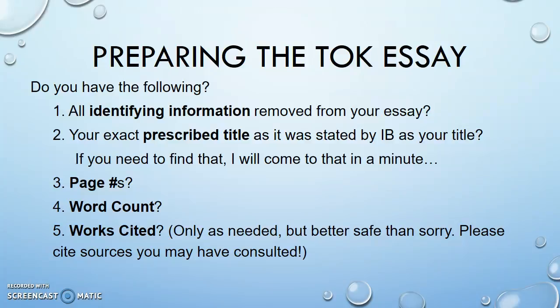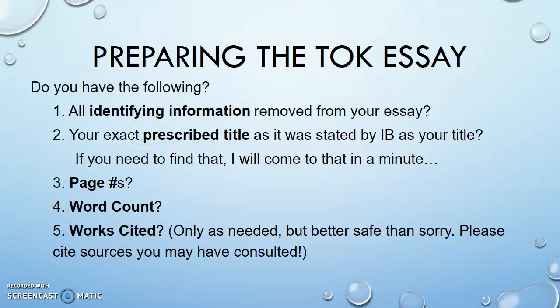Also, you want to make sure you've got page numbers on each one. This one does not have a title page, so you want to make sure your word count is at the end of the paper. And then also, if there is a works cited, that is only as needed, but please be better safe than sorry. You want to make sure that if there's anything that you've consulted, go ahead and cite it, because that's just a way to be safe.